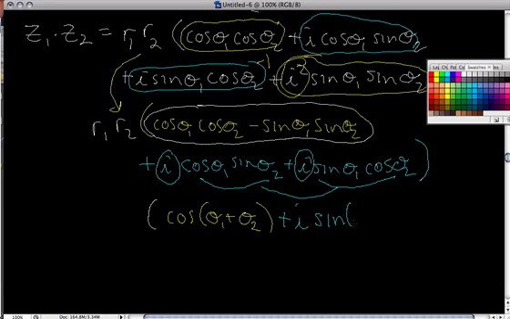So this is a cool place where those sum and difference identities pop up and actually simplify things. So that compacts into this, and of course we still have the r sub 1 times r sub 2.